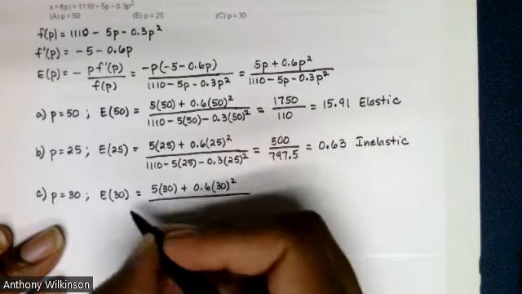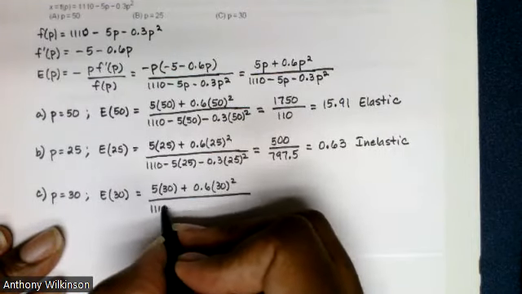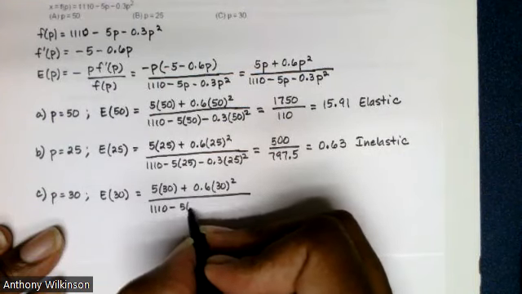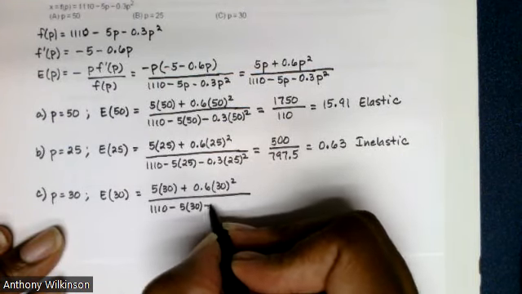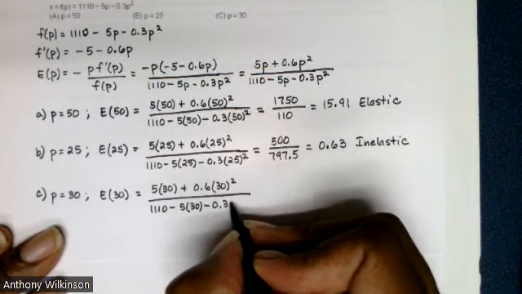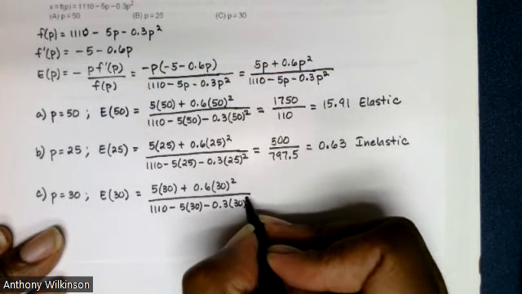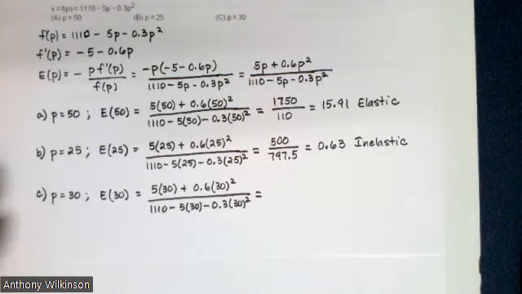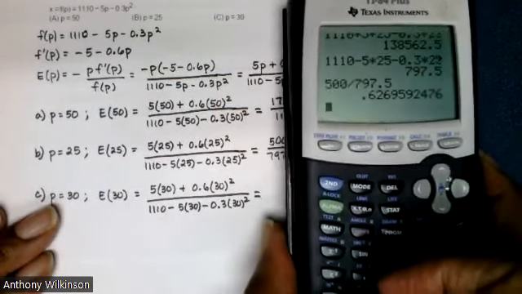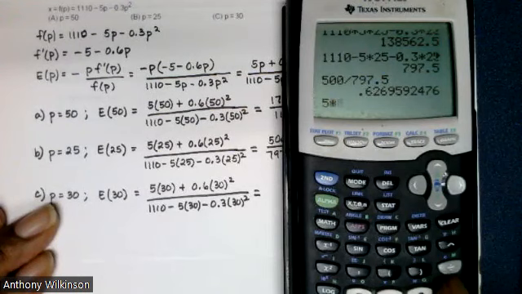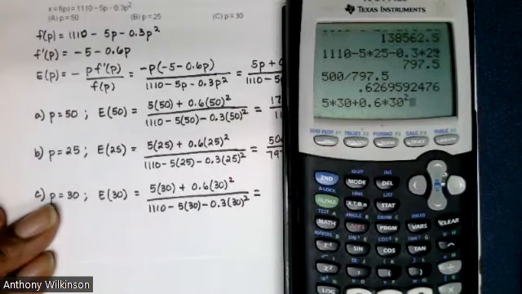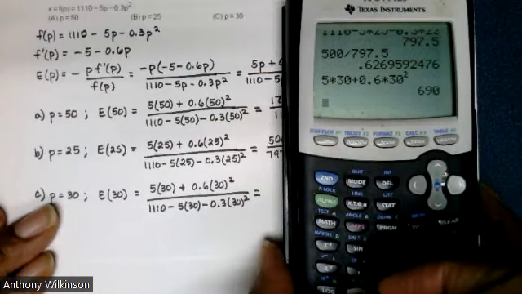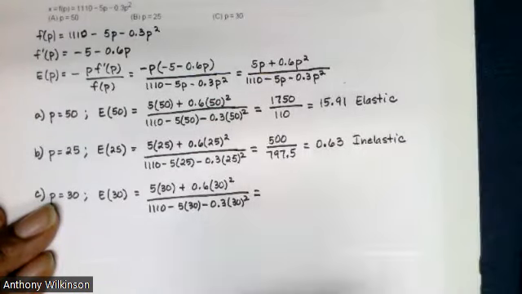All that's divided by 1110 minus 5 times P, which is 30, minus 0.3 times P, which is 30, and that's squared. So in this case here, we're going to have 5 times 30 plus 0.6 times 30, and that's squared. The numerator would be 690.